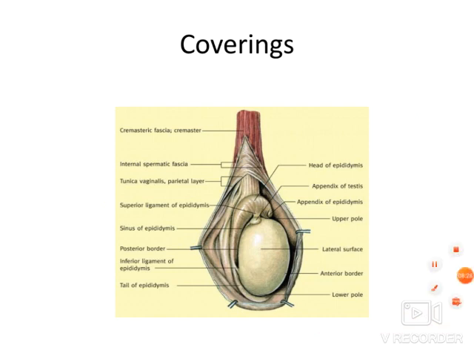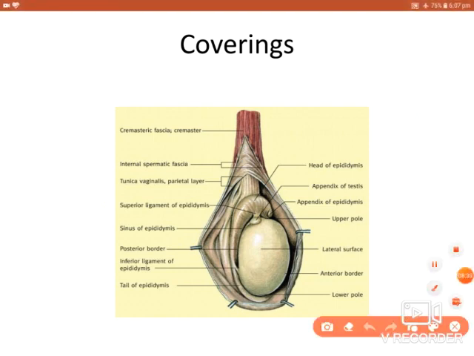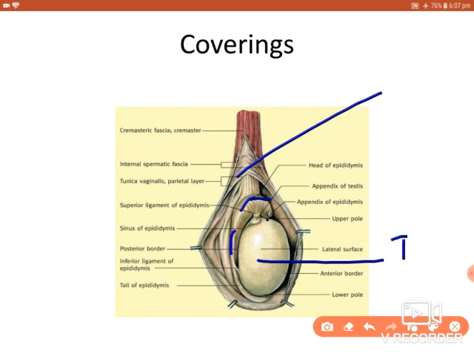Then in this figure also you can see this is the spermatic cord. Here this one is the testis. This upper part leads to the head, body, tail of the epididymis. Then this surface is the lateral surface.